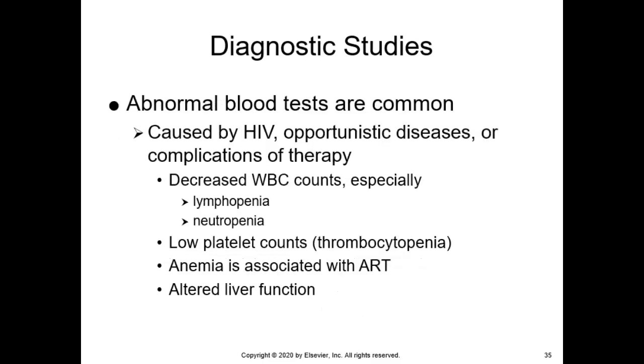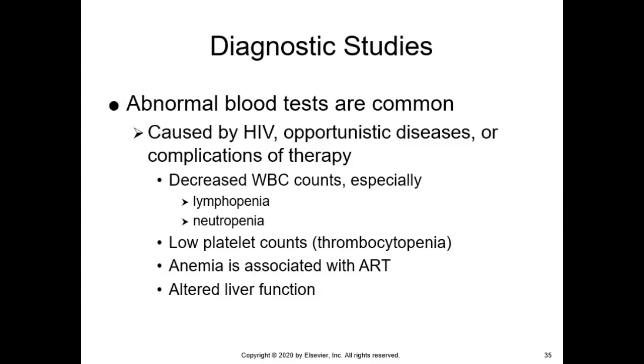Some of the other labs are important to know. We may have some abnormal labs just based on the illness itself. That could be caused by the HIV, by opportunistic infections and diseases, or by complications of treatment of HIV.